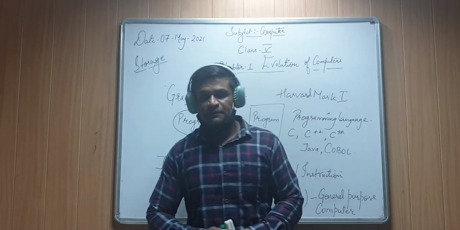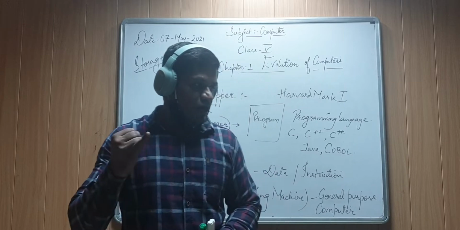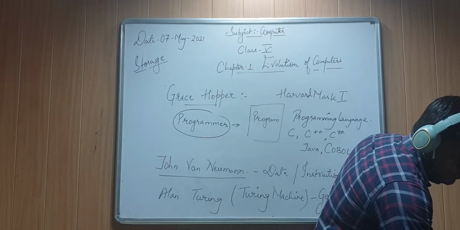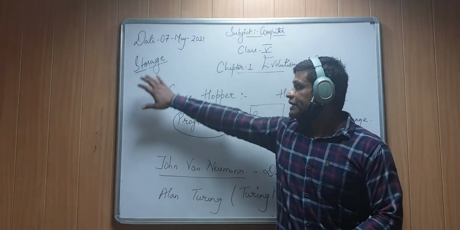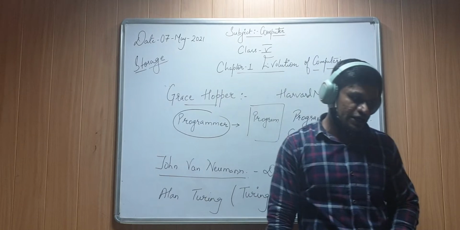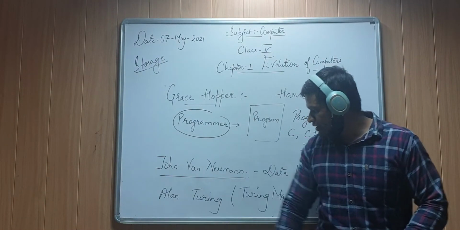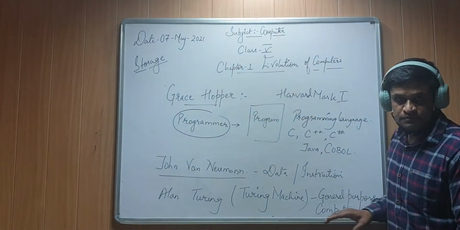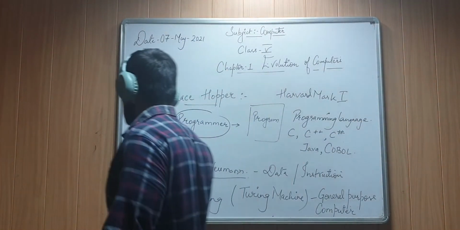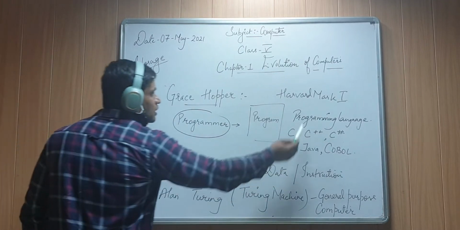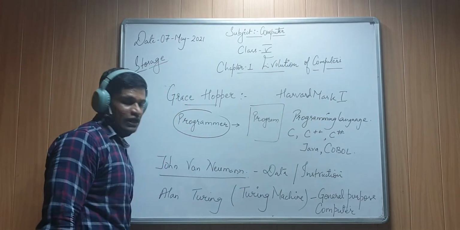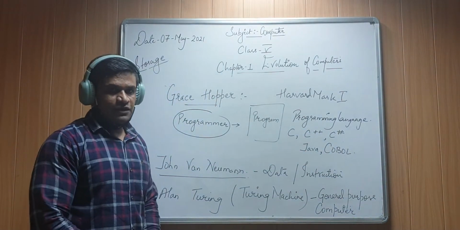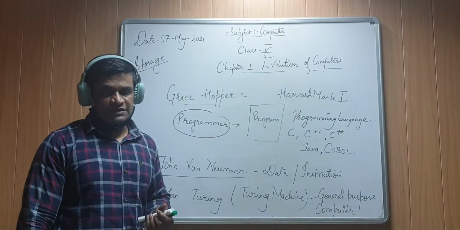The names are Charles Babbage, father of the computer; Augusta Ada Lovelace, the first programmer; John von Neumann, the one who gave the concept of storing the instructions and data in the computer's memory; Alan Turing, who developed the Turing machine, the first general purpose computer; and Grace Hopper, who programmed the first computer, Howard Mark I, and also helped in developing a programming language named COBOL. I think that this part of the chapter is clear till here.